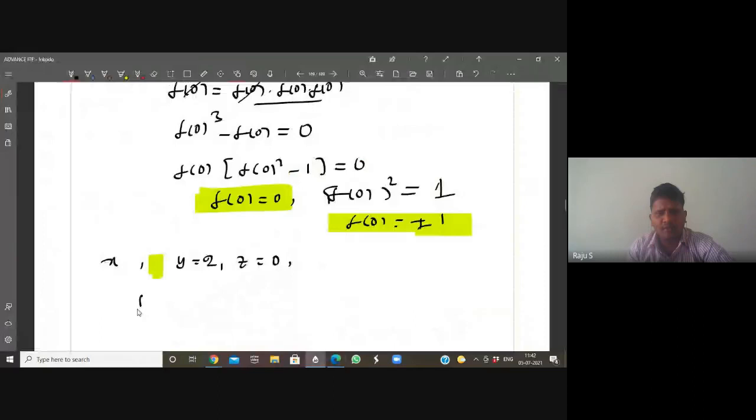So anyhow, f of x plus 2 plus 0 is equal to f of x and f of 2 into f of 0.